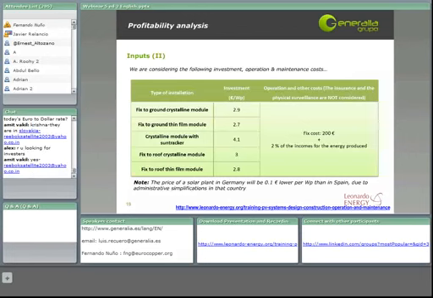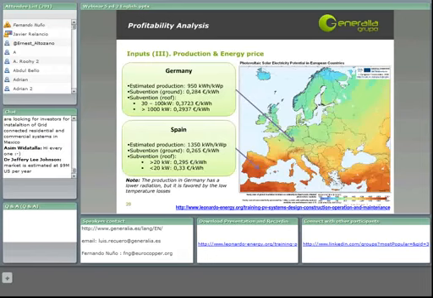In Germany, we can have an estimated production of about 950 kilowatt hours per kilowatt peak per year, and a subvention with a feed-in tariff of 0.28 euros per kilowatt hour for ground facilities, and a variable subvention for roof facilities that can go from 0.29 to 0.37 euros per kilowatt hour, depending on the size of the facility.